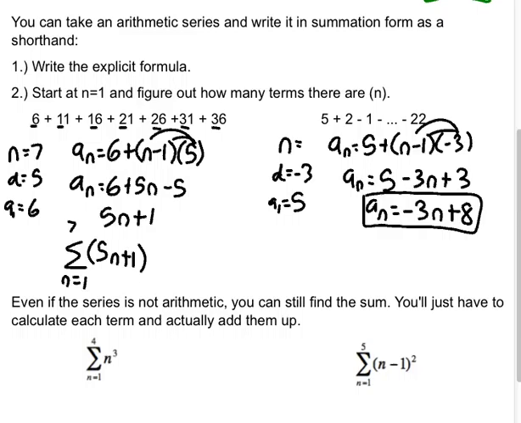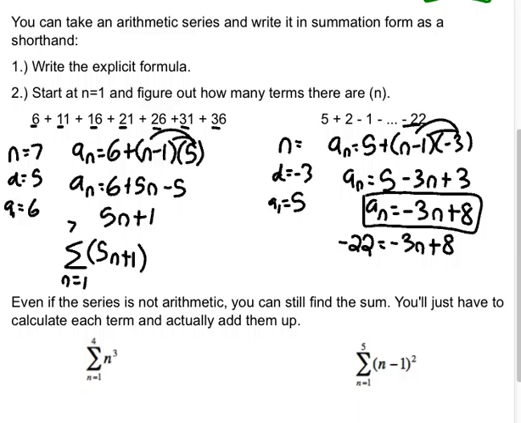Now, I'm given an endpoint. So now remember, if I need n, I need that endpoint. What that means is now I can go and find that. Using my explicit formula, I can find what n is when my last term is negative 22.